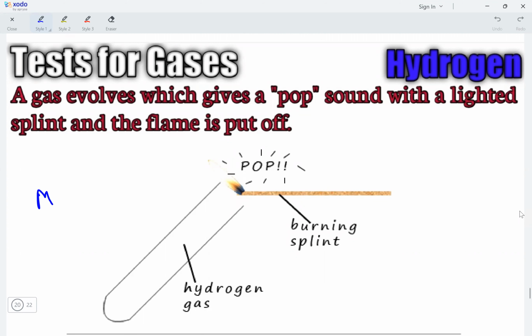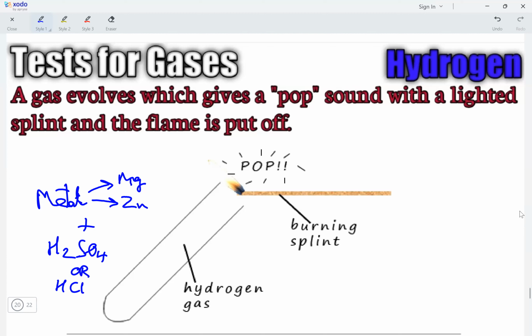We add a reactive metal, not very reactive, like in this case, we can add magnesium or we can add zinc, right? We add a reactive metal to a solution of a strong acid, H2SO4 or HCl. So you will see bubbles forming because these bubbles are hydrogen gas that is being produced.